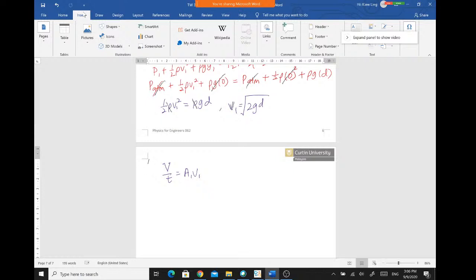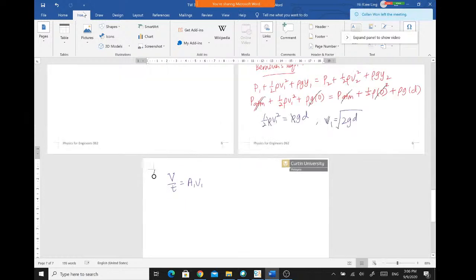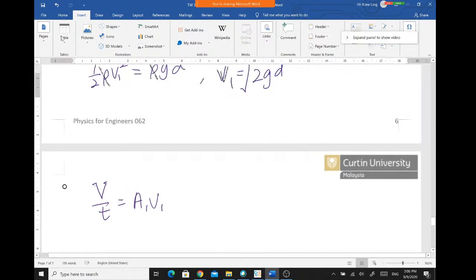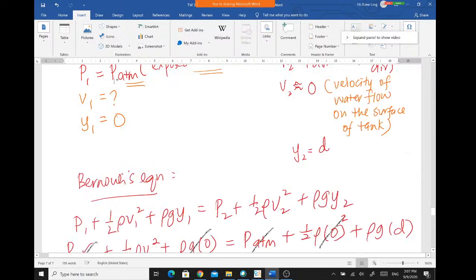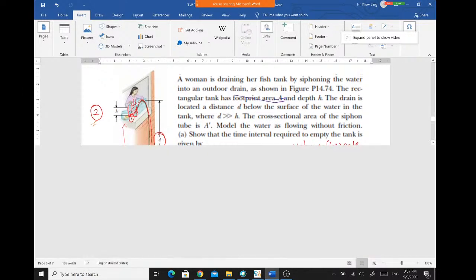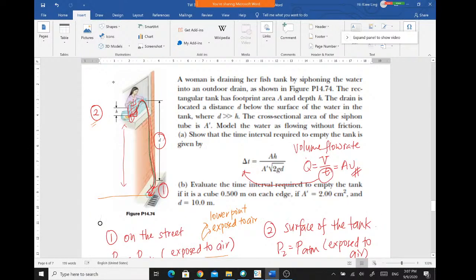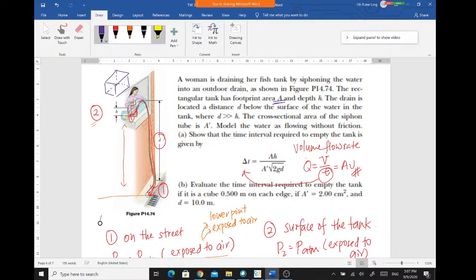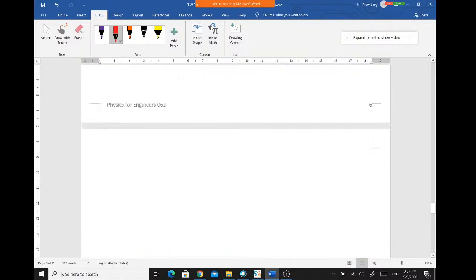So the volume of the tank, check on the question: the area of the tank is A, this is your area, and the depth is given by H. So the volume of the aquarium will be AH.